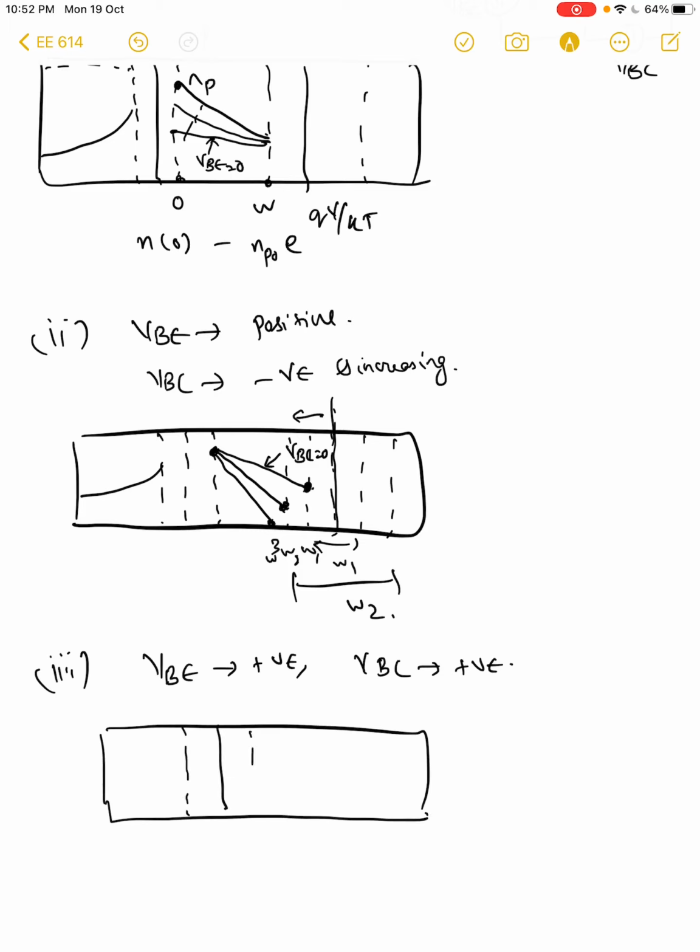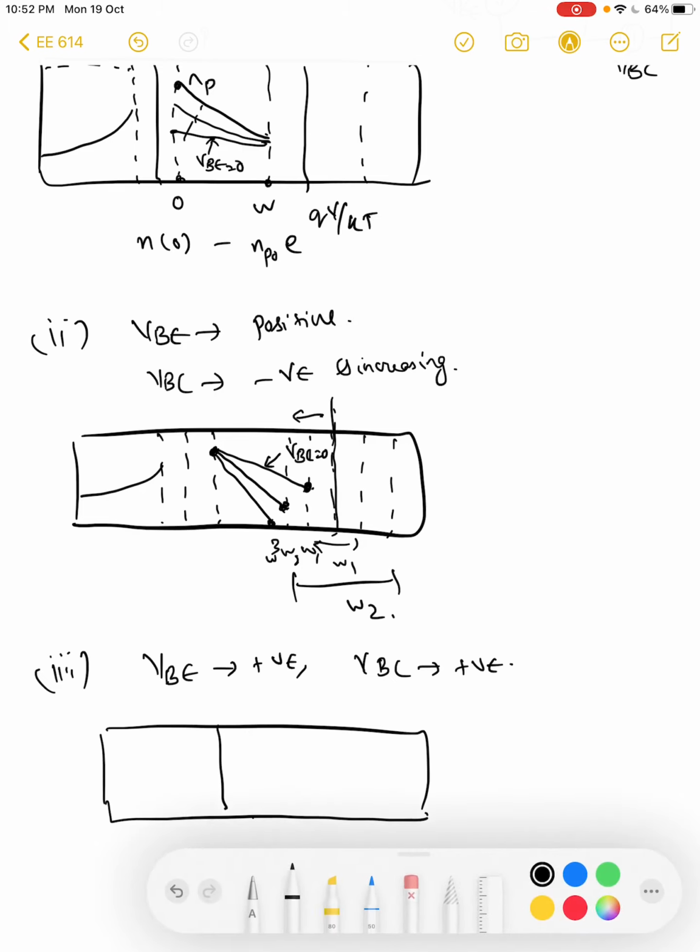This is the depletion width. I'm going to draw it a little bit smaller. On this side also, remember both of them are positive, so it has to be small.